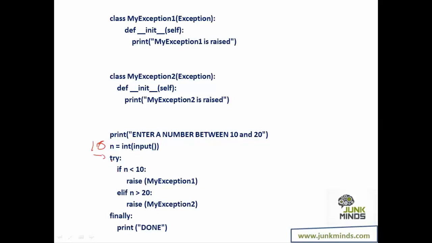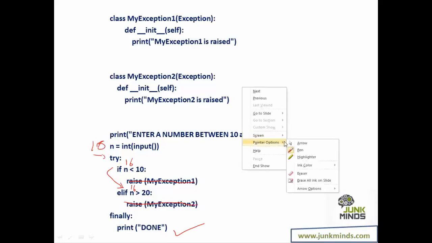Now when I write try, if n is less than 10, I'm just checking whether the value is less than 10. 16 less than 10 is false, so this does not get executed. Then I come to this elif. n is 16. 16 greater than 20 is also false, so this also does not get executed. I'll come out and I'll execute this finally block, and it will print done on your screen.